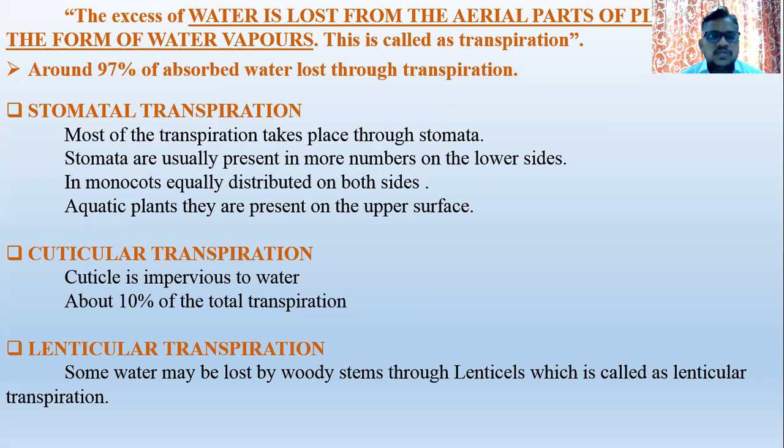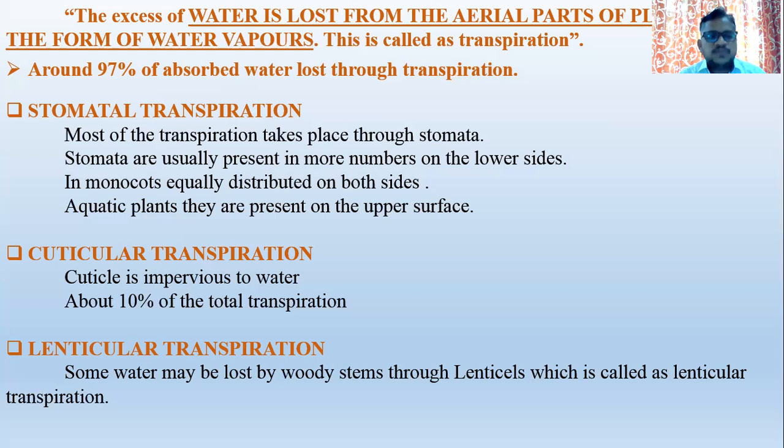In monocots, they are equally distributed on both sides. In aquatic plants, they are present on the upper surface. So the type of plant determines the number of stomata and whether they are on the lower or upper side.